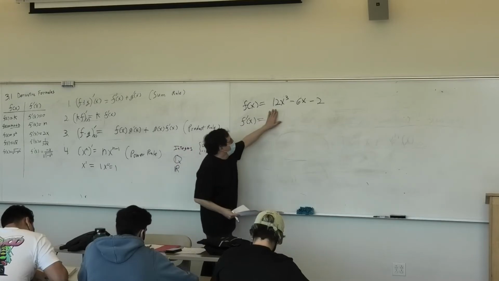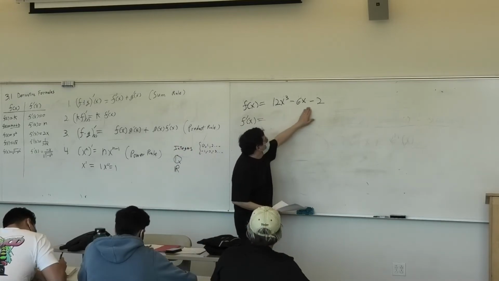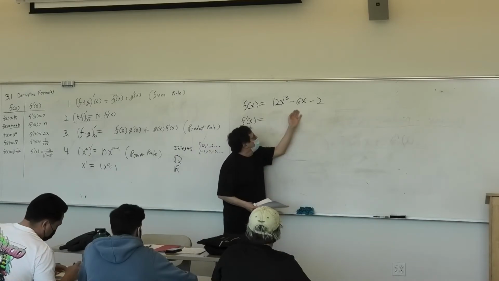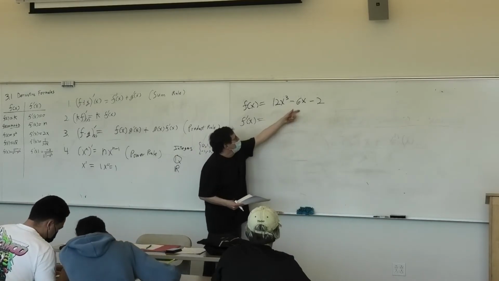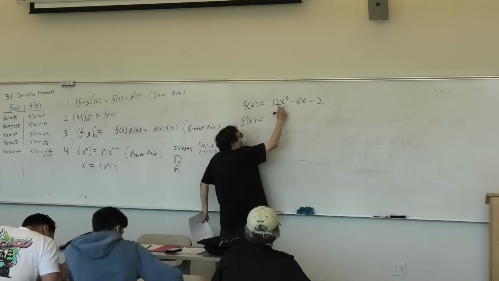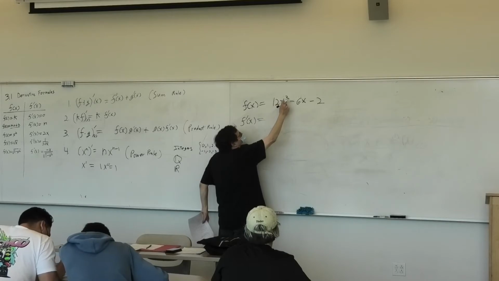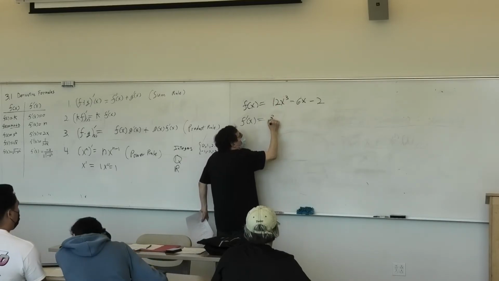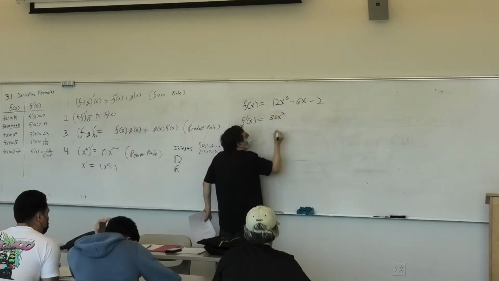Well, according to the sum rule, I can take this term by term. This is a polynomial, so the terms are monomials. So the derivative of x cubed is going to be 3x squared. I got a 12 here that just multiplies it. So it's 36x squared.